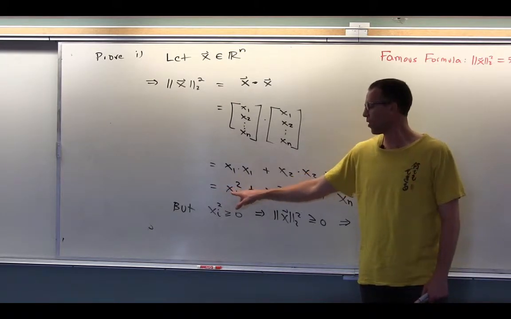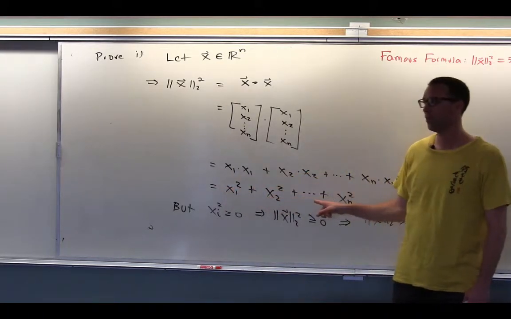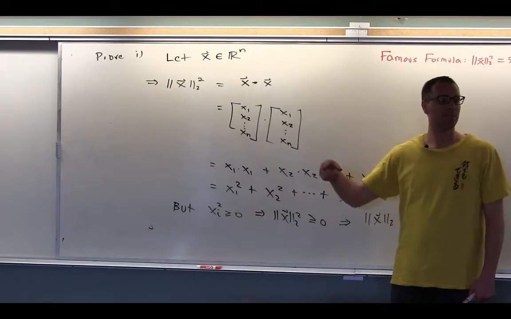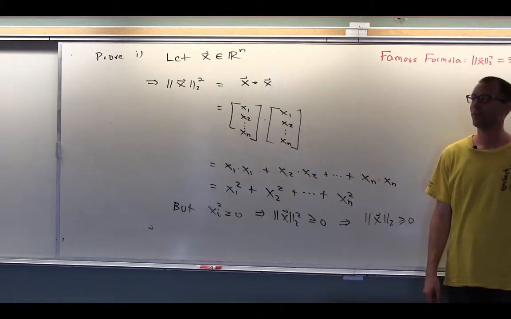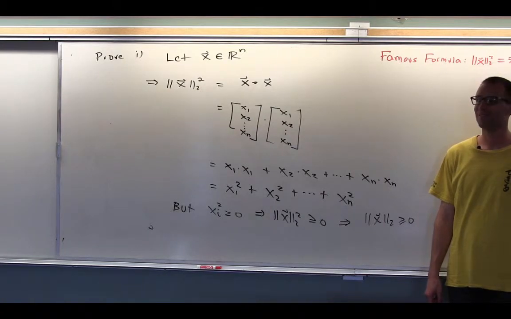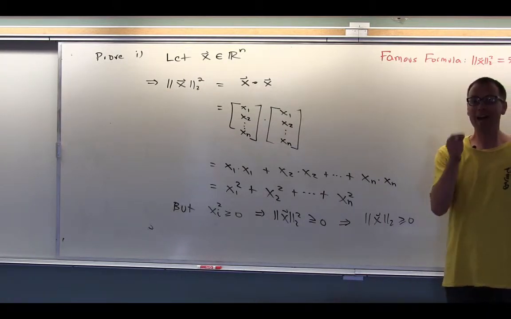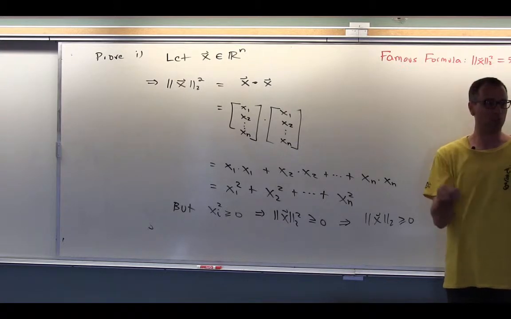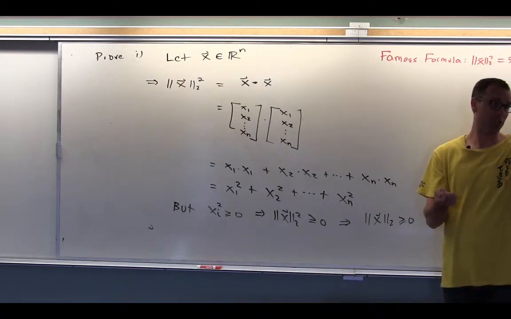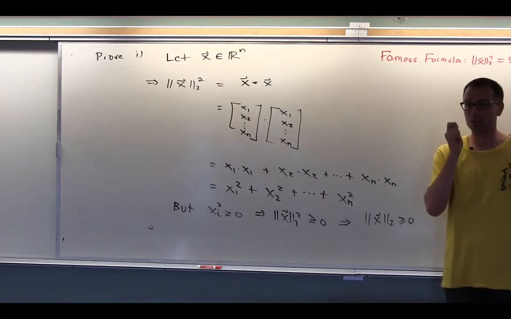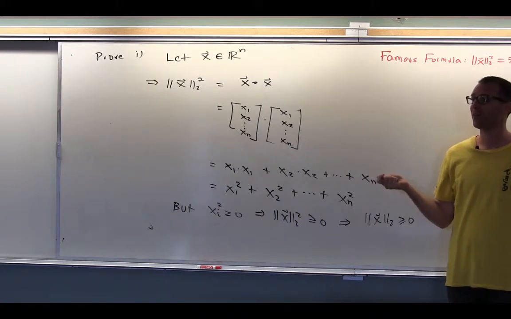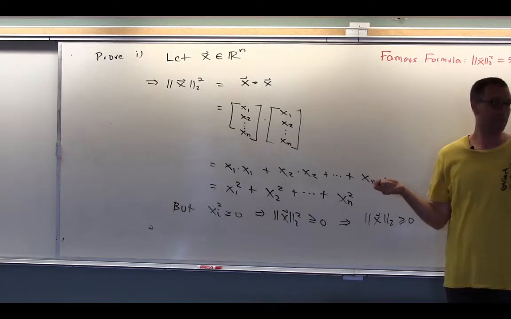Is it possible to have a non-zero coefficient, square them, sum them up, and get 0? No. Why not? The moment you have something that's non-zero and you square it, not in finite precision arithmetic, but in actual arithmetic, it's positive.